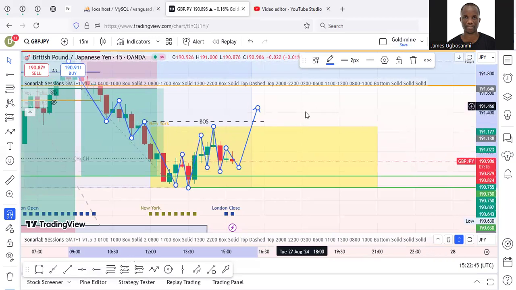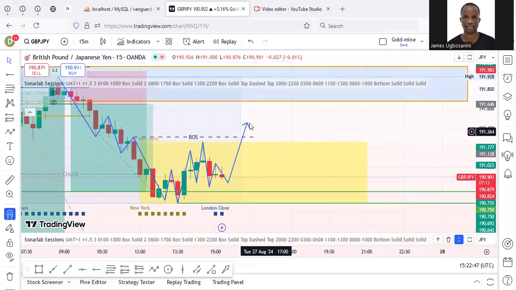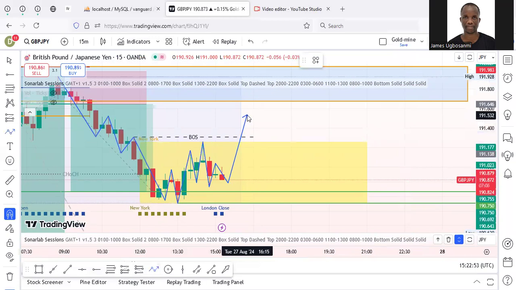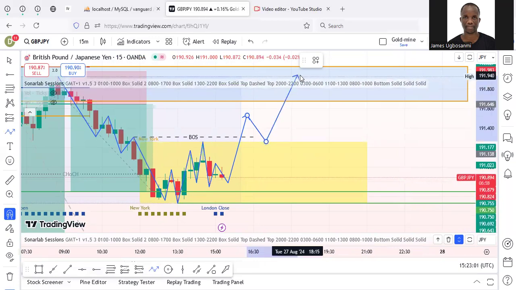So when it breaks above this price level and does a retest with something like this, and it comes to this end and forms another higher high.